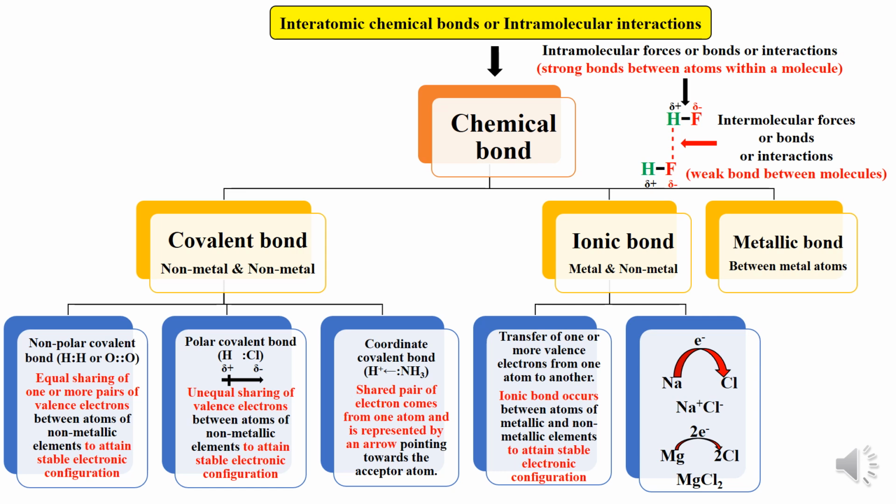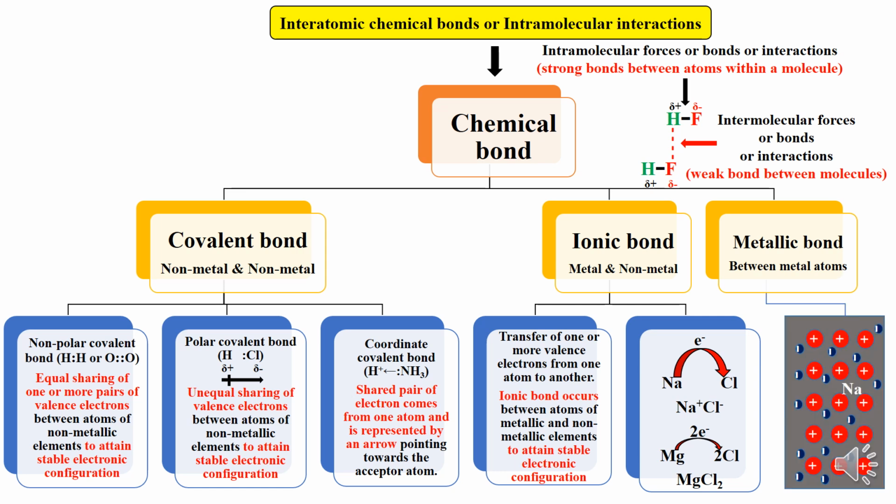And the third type of chemical bond is the metallic bond, and metallic bond is formed by delocalized sharing of electrons among metal atoms. So generally speaking, metallic bond takes place between metal atoms. How? By delocalized sharing of negatively charged valence electrons among the positively charged metal atoms.